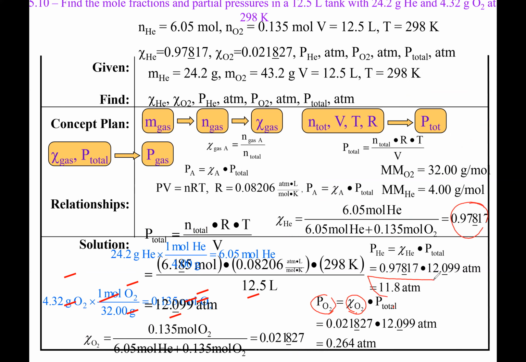So we find the pressure coming from helium as 11.8 and the pressure coming from the oxygen as 2.64. If you notice, it's related to the number of moles, not just the mass, even though in this case the mass of helium is also greater than the mass of the oxygen. So the number of moles of helium is greater, so the partial pressure for helium is greater than the partial pressure of the oxygen.